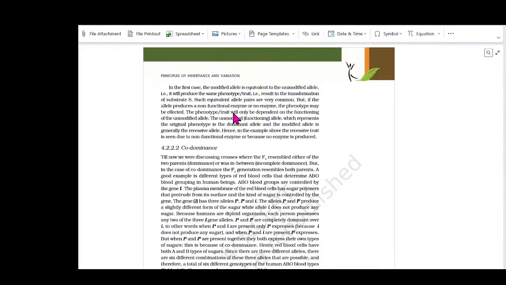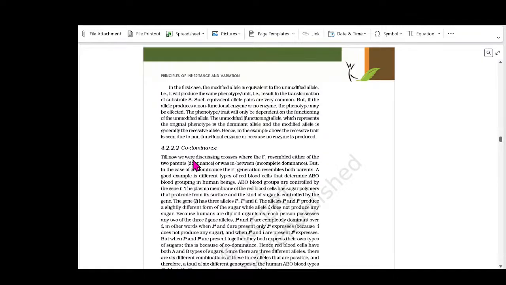The phenotype or trait will then depend on the functioning of the unmodified allele. The unmodified functioning allele, which represents the original phenotype, is the dominant allele, and the modified allele is generally the recessive allele. Hence, in the example above, the recessive trait is seen due to a non-functional enzyme or because no enzyme is produced.